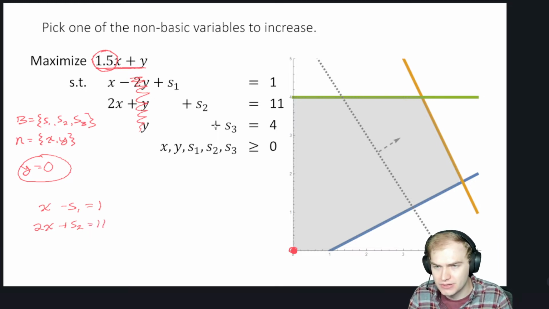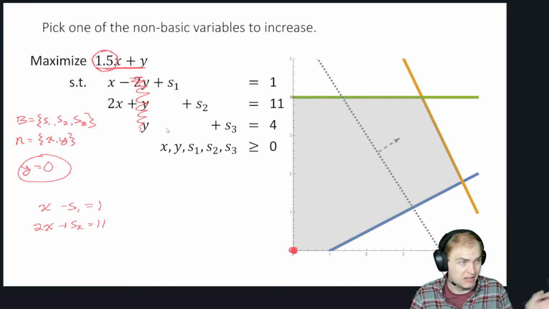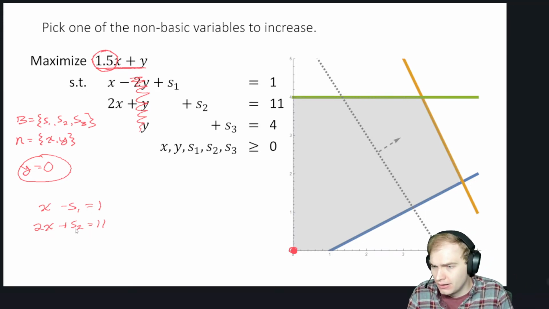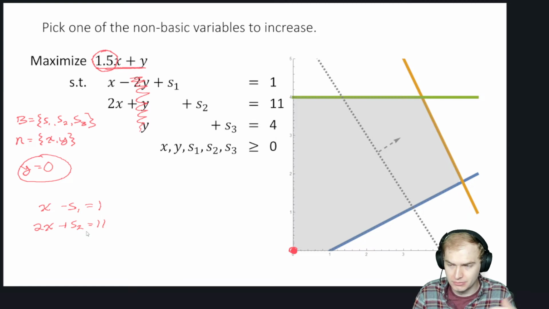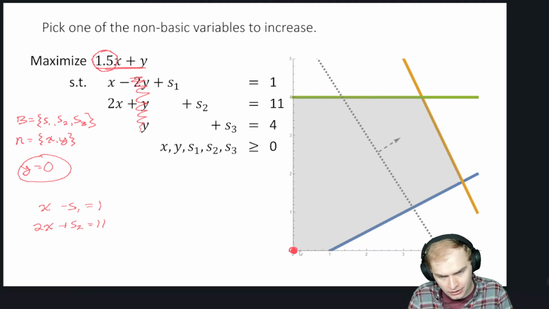And the third constraint doesn't have an x in it anywhere, so we could ignore that one. So how far can we improve x before we breach outside of the feasible region? If we look at our graph, we're just increasing x, so we're just coming across this line.